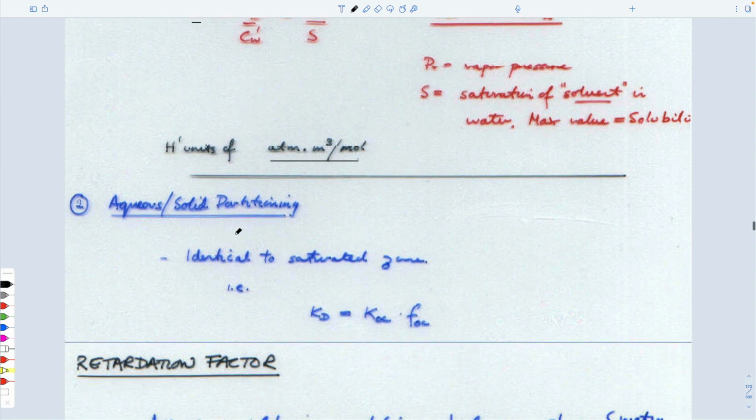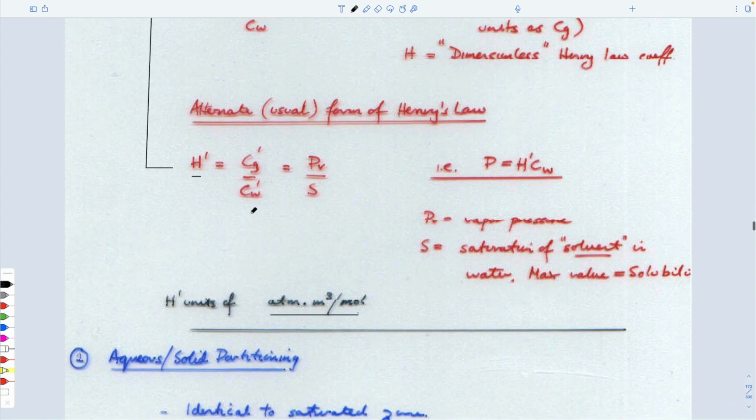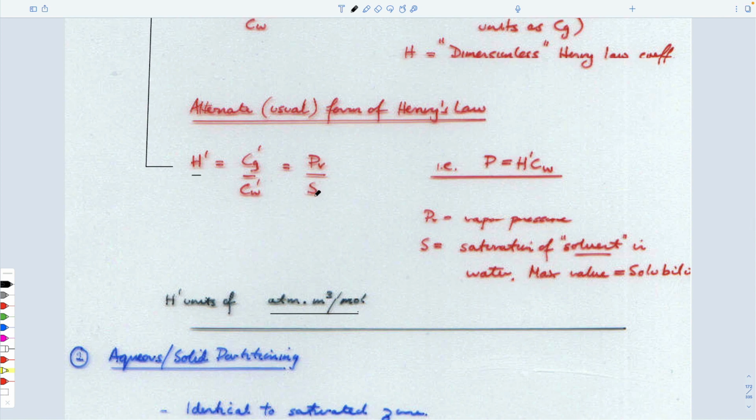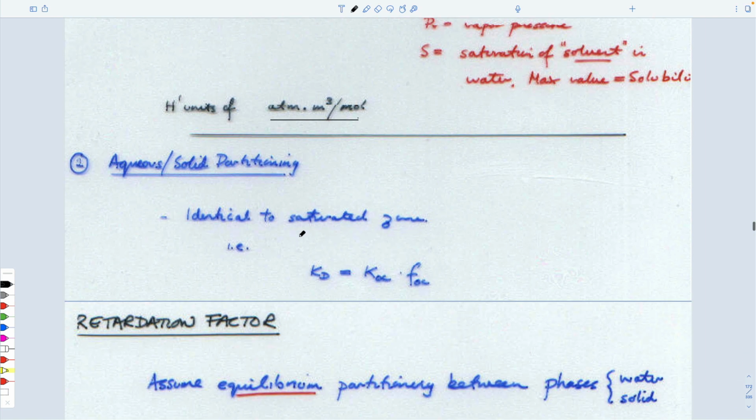And the second component is that, so this is defining how the gas goes into the liquid, how they're in equilibrium. How we look at the liquid going into the solid would be just by using the distribution coefficient as we did before. So we can define the distribution coefficient as the organic carbon partition coefficient, which we talked about determining last time.